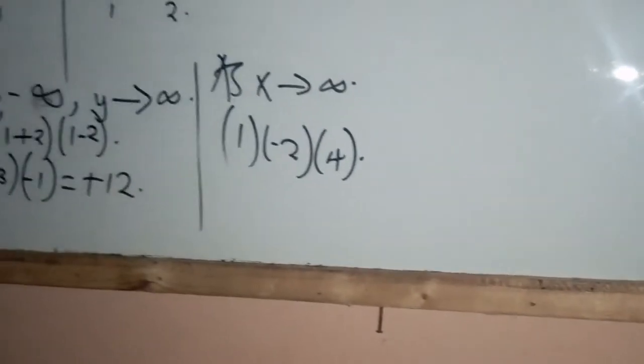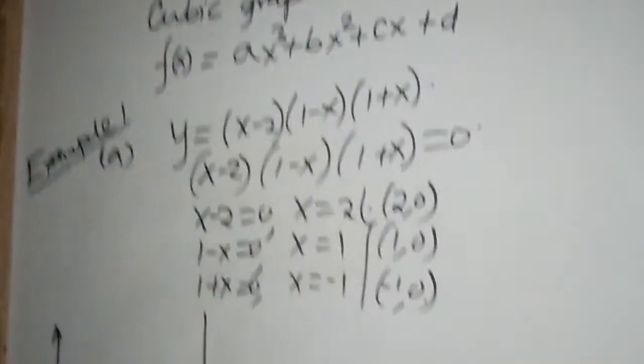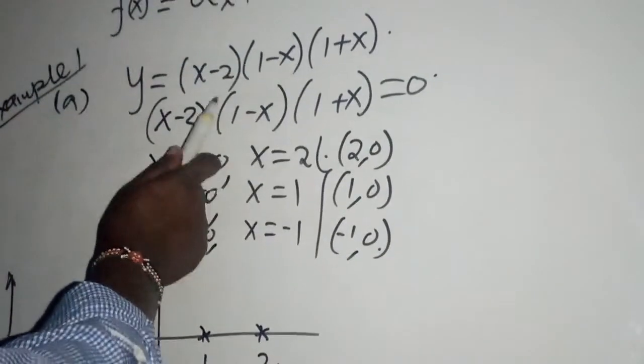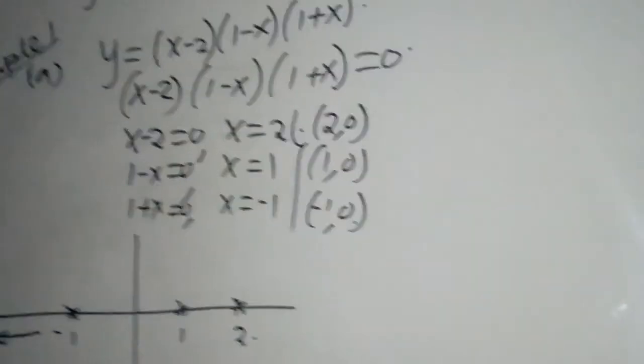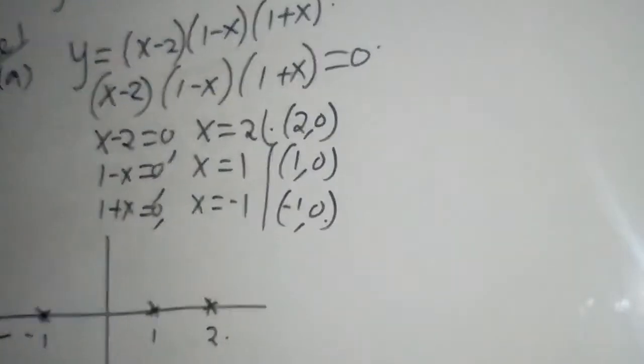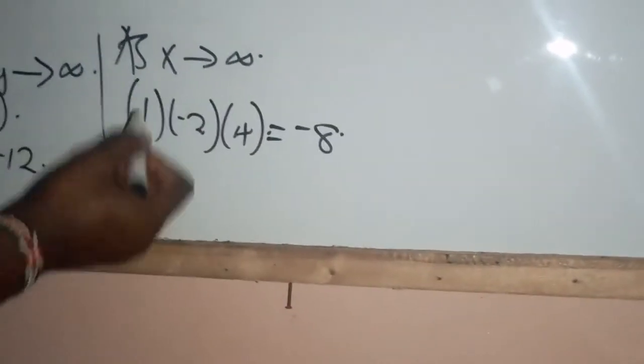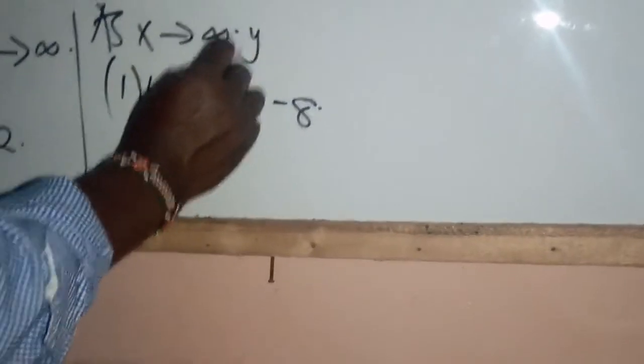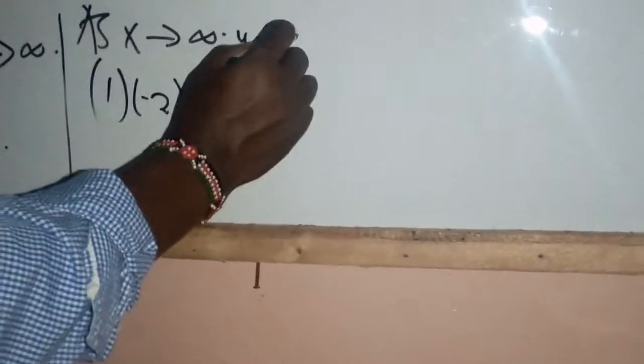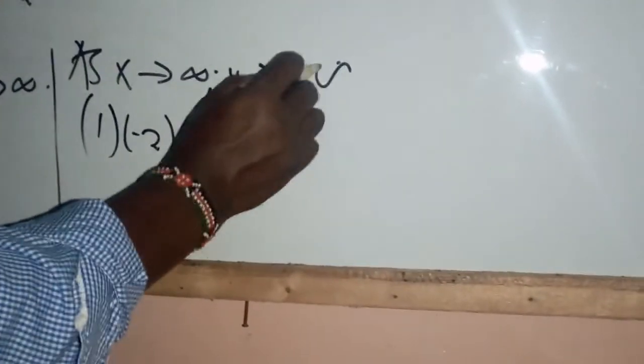And you can see this one gives you 3 minus 2 is 1, 1 minus 3 is -2, and 1 plus 3 is 4. This one gives us -8. So you can already see as x tends to positive infinity, y approaches negative infinity.